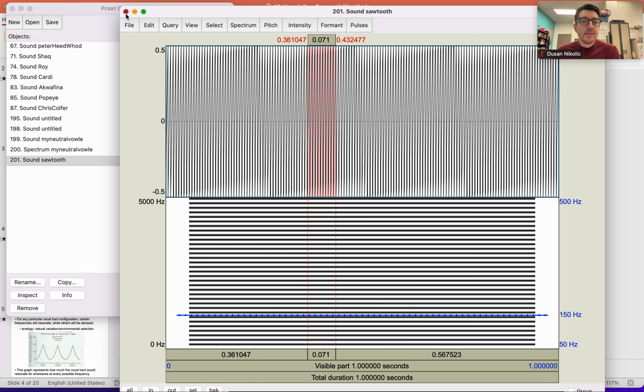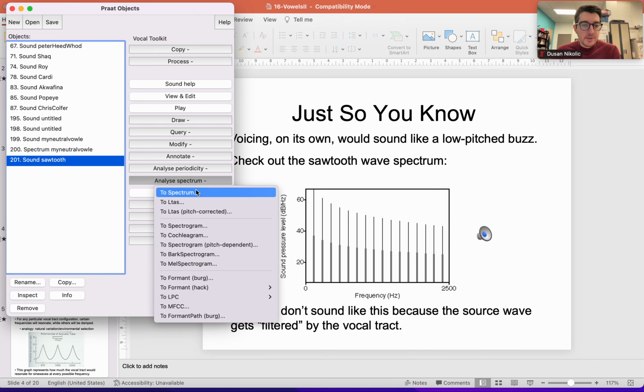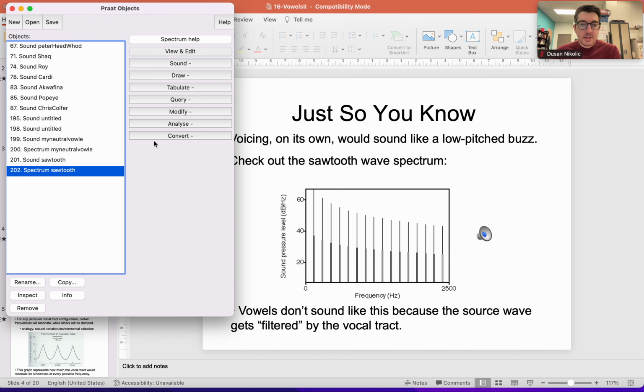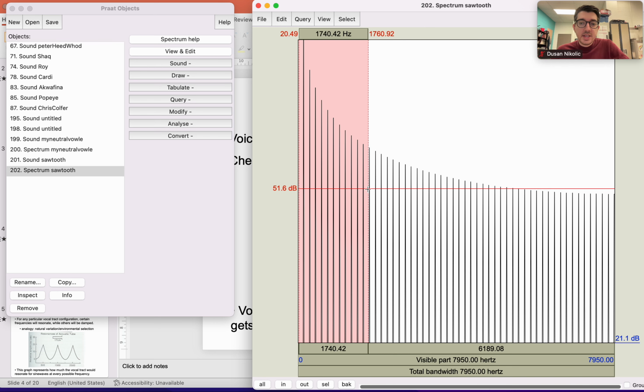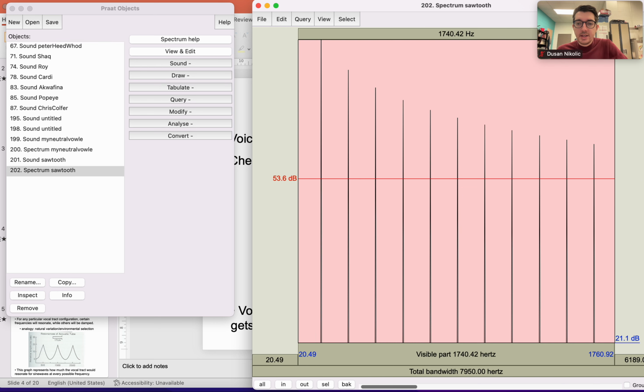If I analyze it into a spectrum, I'll see that the amplitude is not actually the same. This is what you would sound like if you didn't have a head, which is a bizarre concept, but we can just visualize that.